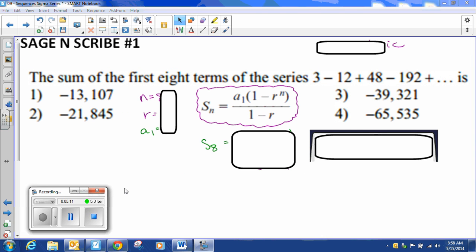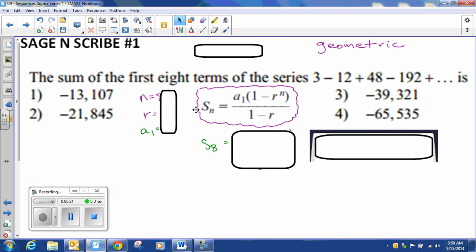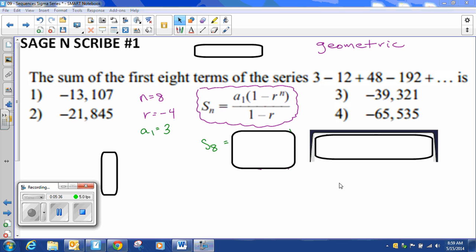Sage and scribe number 1. The sum of the first 8 terms of the series 3, negative 12, 48, negative 192 is, and you have your multiple choices. Now this is geometric because the common ratio is negative 4. We're multiplying by negative 4 each time. The first term is 3, and we're trying to find the sum of the first 8 terms, so n equals 8.